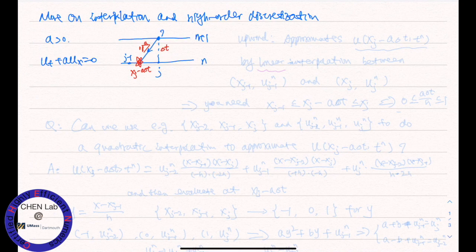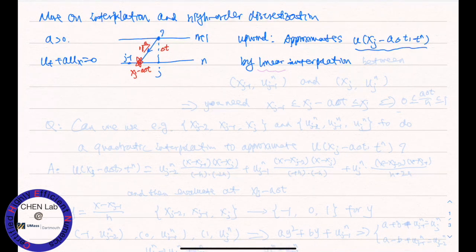Okay, so the upwinding is, as we talked about last time, the idea that it approximates u at xj minus a delta t at tn by a linear interpolation. So this is exact, which we don't have, so we do a numerical approximation.